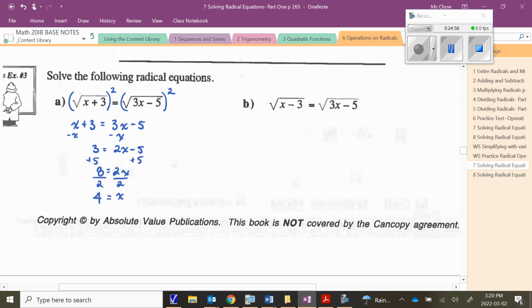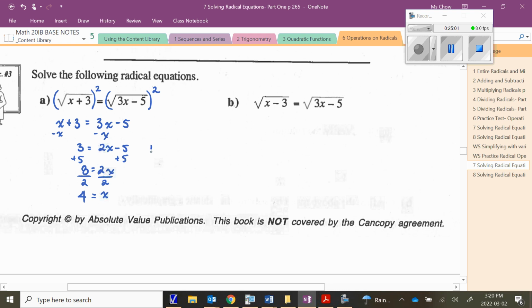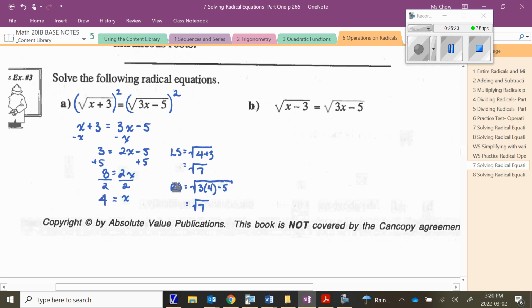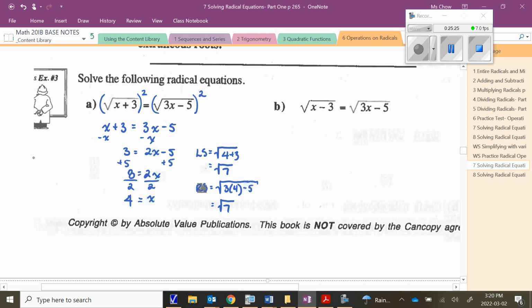Okay, when we do a verification, the left side is equal to the square root of 4 plus 3, or the square root of 7. The right side is equal to the square root of 3 times 4, or 3x, minus 5, so that's 12 minus 5, which is 7, so square root of 7. So left side equals right side. If I look at any restrictions, we know that x plus 3 is greater than or equal to 0, so x is greater than or equal to negative 3.